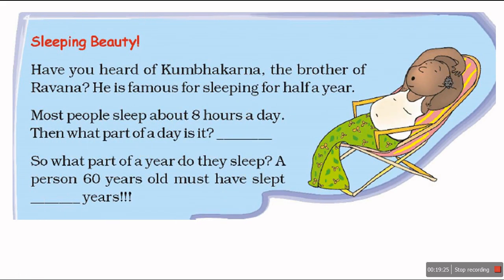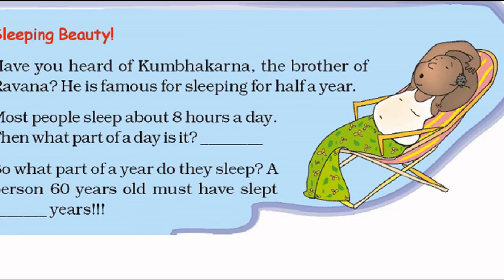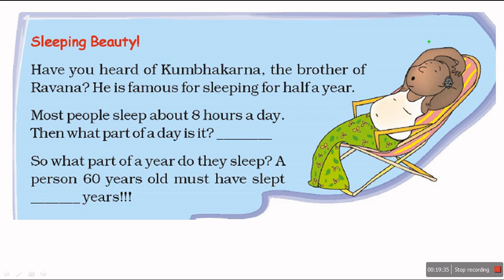Sleeping Beauty. Have you heard of Kumbhakarna? Yeah, the brother of Ravana. He is famous for sleeping half of the year. Means 1 year has 12 months. Half of the year he sleeps, means he sleeps 6 months a year.